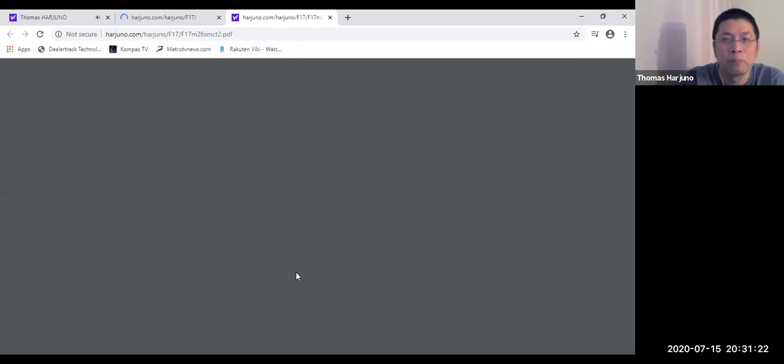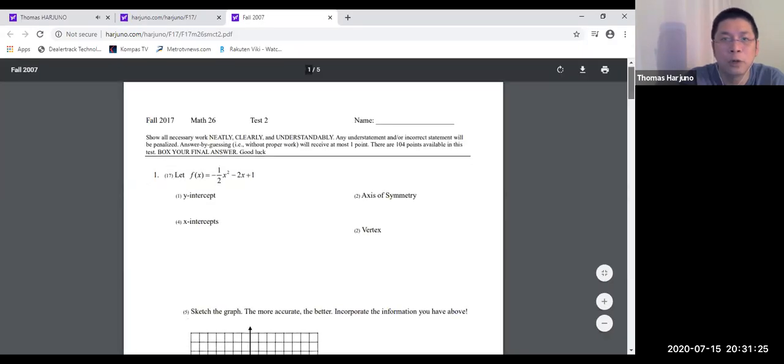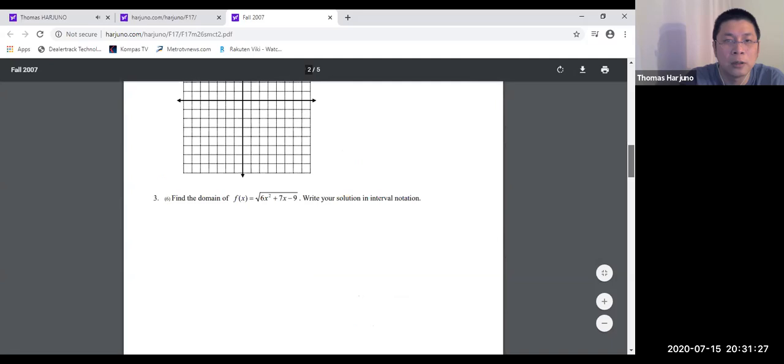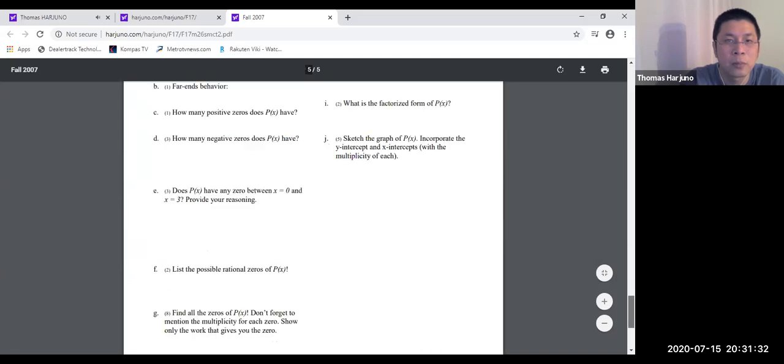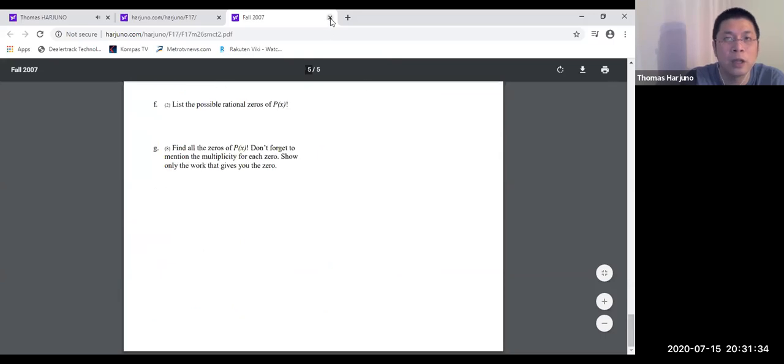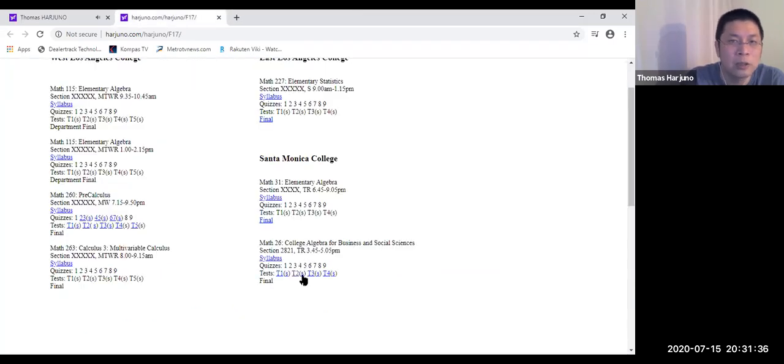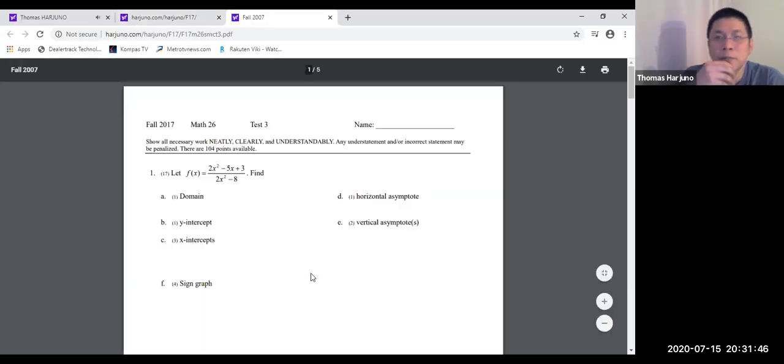In fact, their test 2, I believe, will have polynomial. And then if you look at their test 3, so college algebra, Math 26, right? College algebra is basically pre-calculus without trigonometry, without sequence and series.